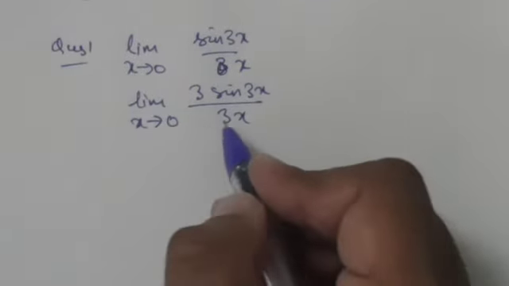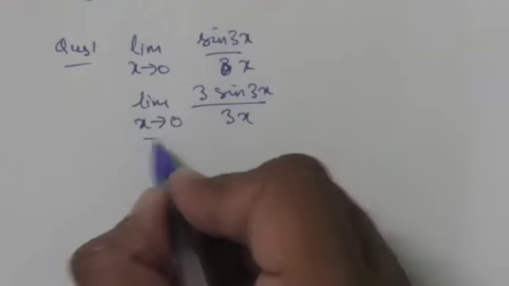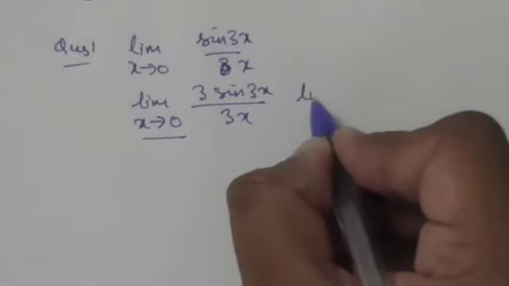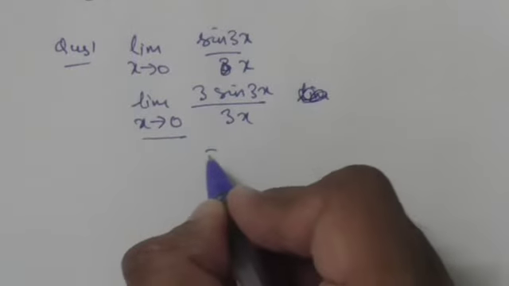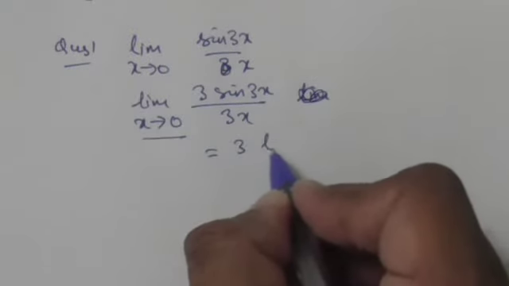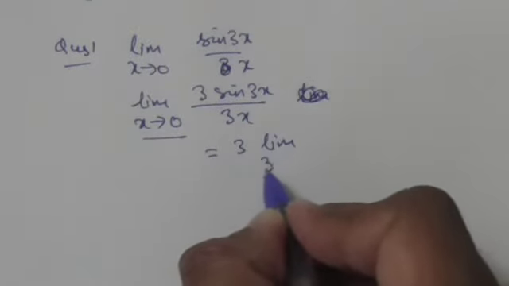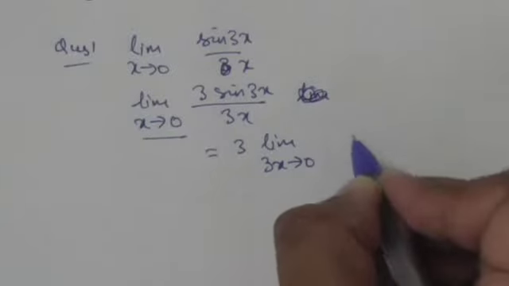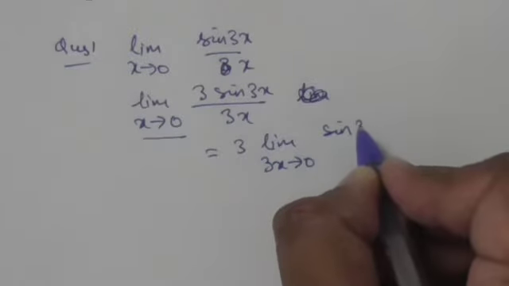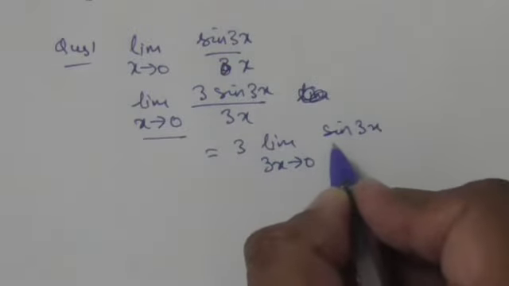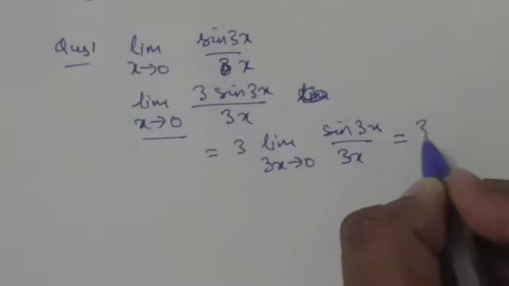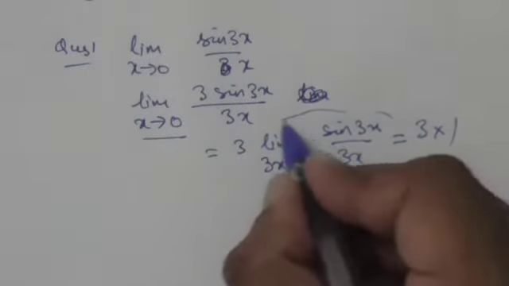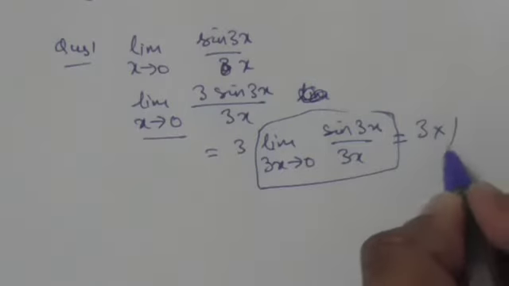So as x tends to 0 here, therefore 3x will also tend to 0. So we will have 3 into limit 3x tends to 0 sin 3x upon 3x, and it will be equal to 3 into 1, right? This will be equal to 3.